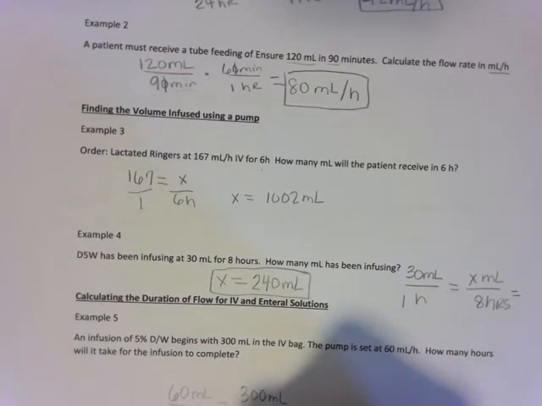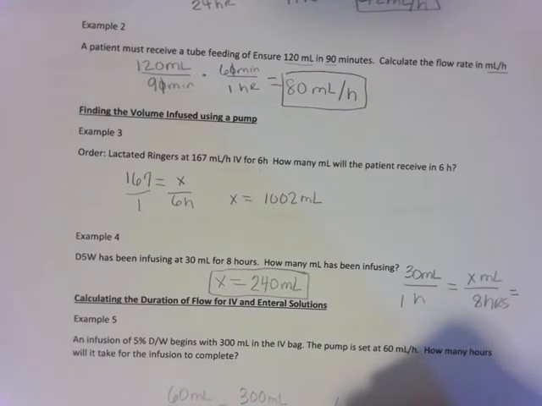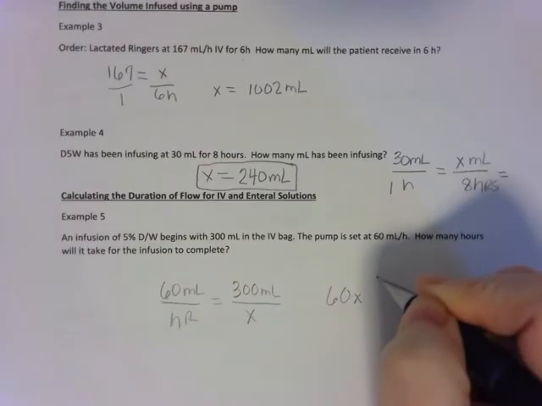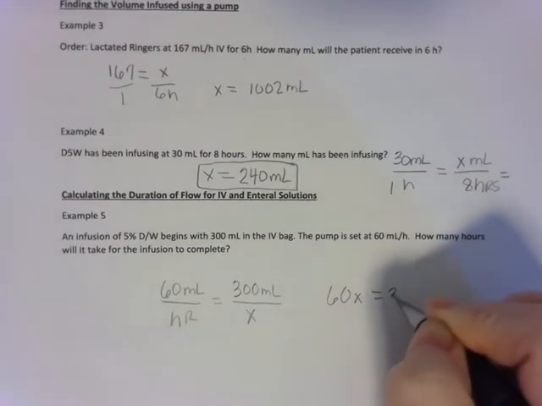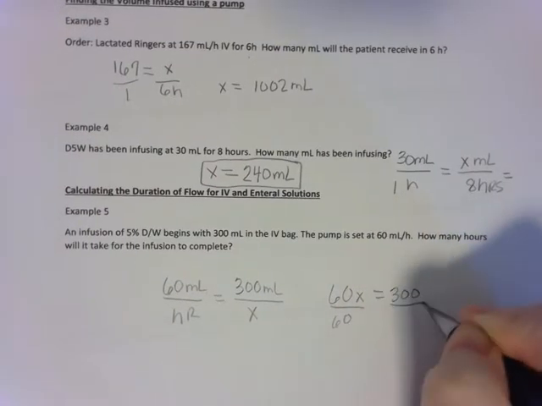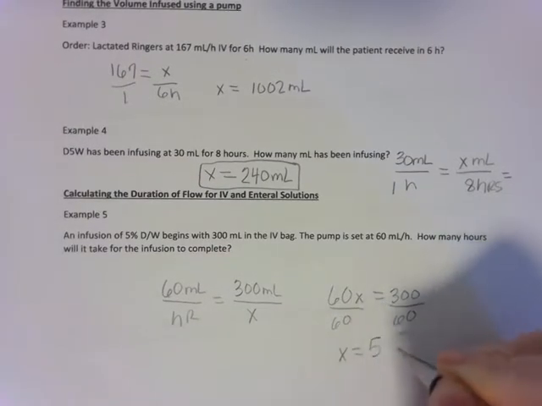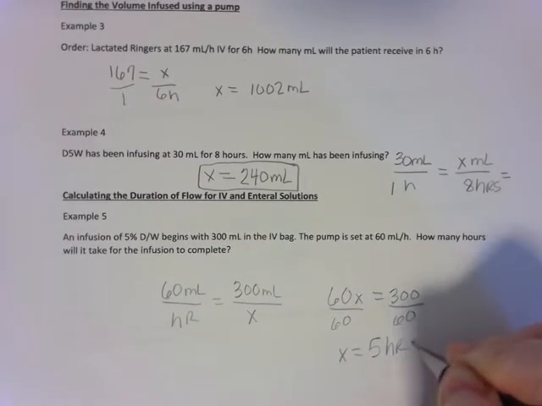And we want to know at this rate how long it'll take us. So I do my cross product, and I get 60x equals 300. Divide both sides by the coefficient of x. Therefore, X equals 5, and my units is hours.